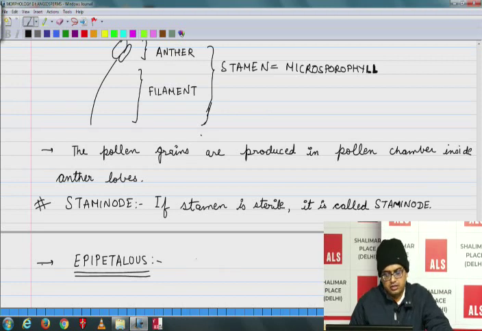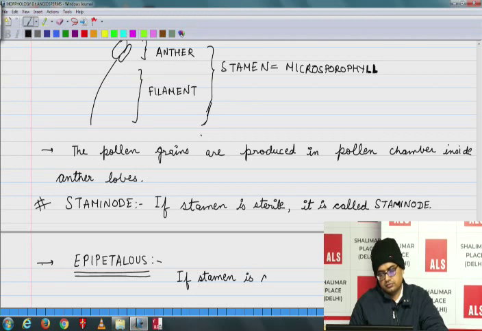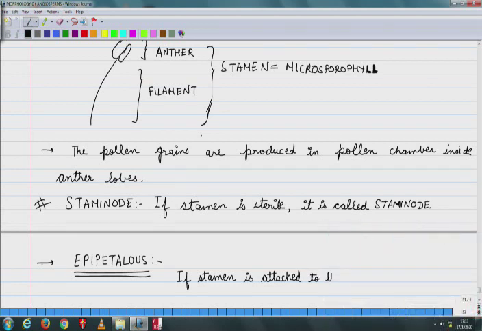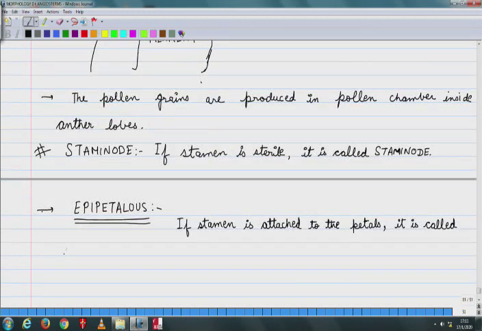You will write: a stamen is borne or attached to the petals, it is called epipetalous condition.